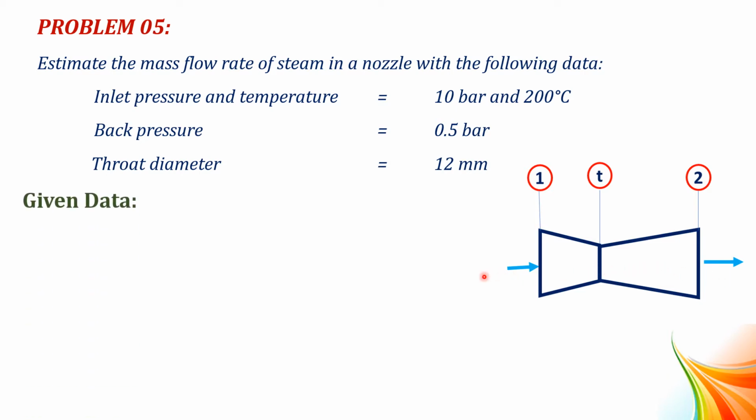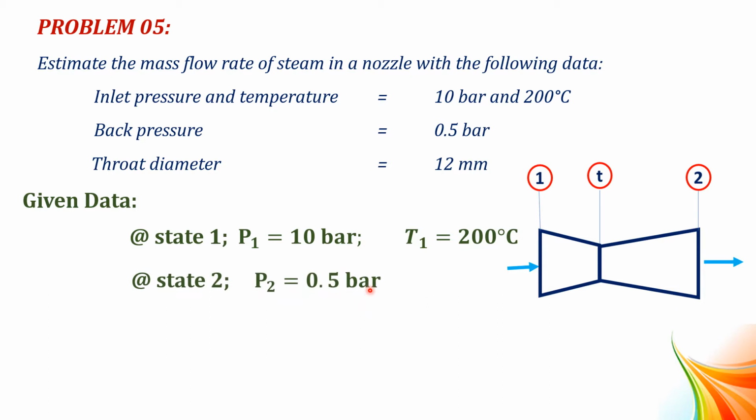Now we have to write the given data. So inlet pressure and temperature is 10 bar and 200 degrees centigrade. So inlet pressure P1 equal to 10 bar and inlet temperature T1 equal to 200 degrees centigrade.